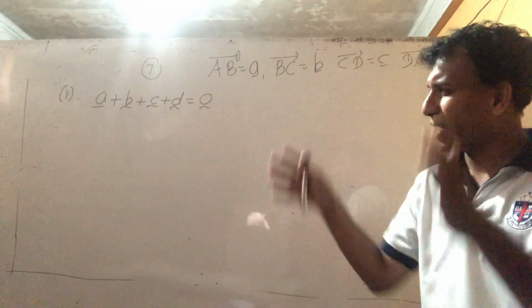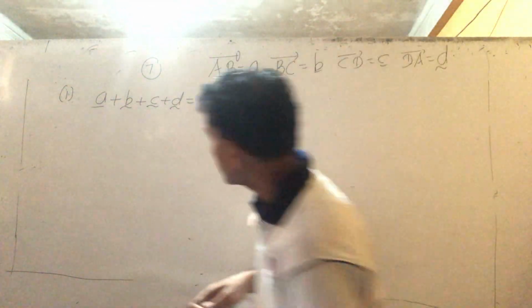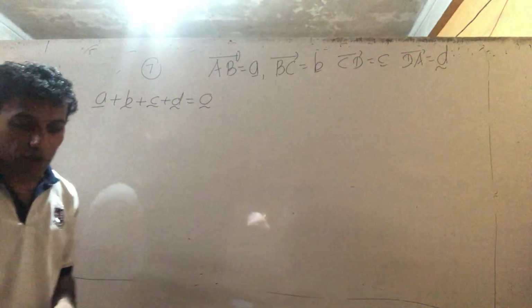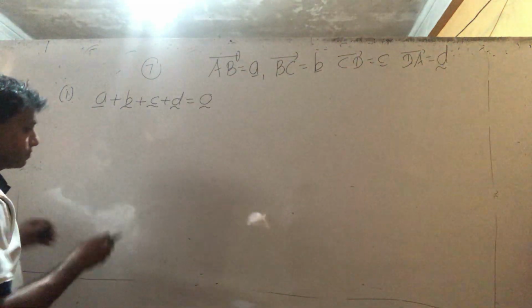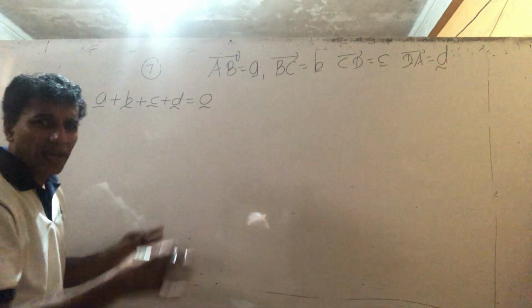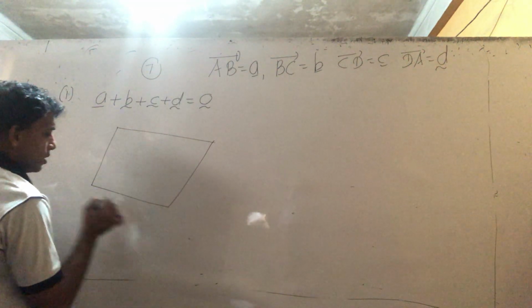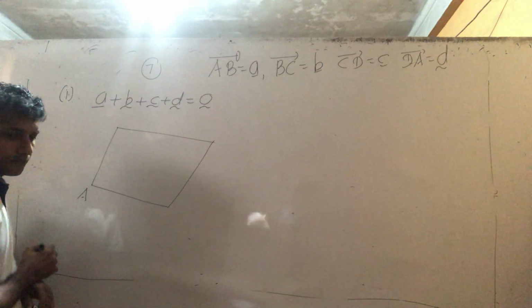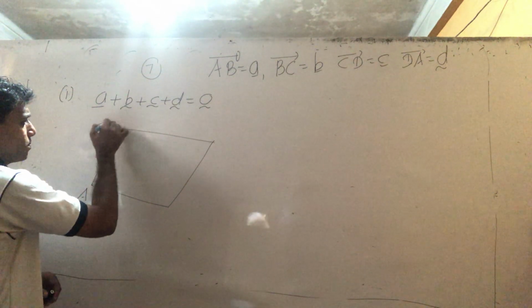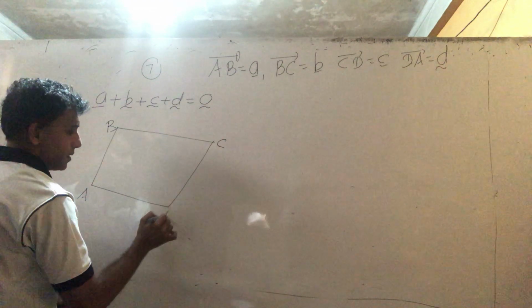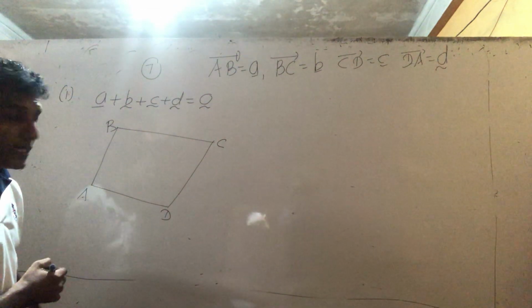This is the vector geometrical part. Draw a rough sketch of this quadrilateral ABCD.